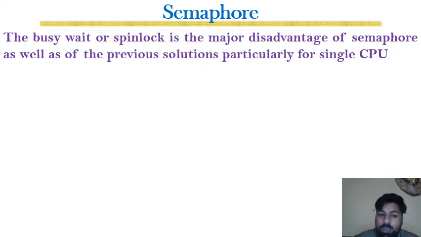The busy wait or spinlock is the major disadvantage of semaphores as well as of the previous solutions, particularly for a single CPU. Just like in the previous solutions, we normally write code like while, and then some condition followed by a semicolon.